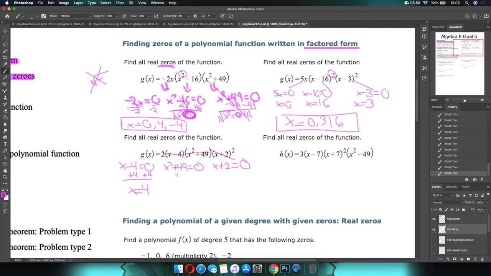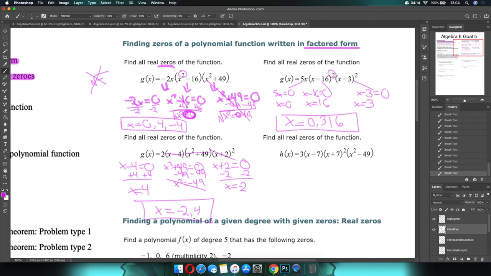That's one of them. Minus 49, x squared equals negative 49. Can't do that because a square cannot get you a negative number. Minus 2, x equals negative 2. So our two zeros are at negative 2 and 4. And that's all you're really doing here.